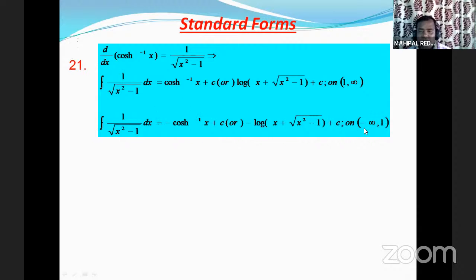Or when the domain is minus infinity to 1, the integration of 1 by under root of x square minus 1 equals minus cosh inverse of x plus c, or minus log of x plus under root of x square minus 1, plus c.